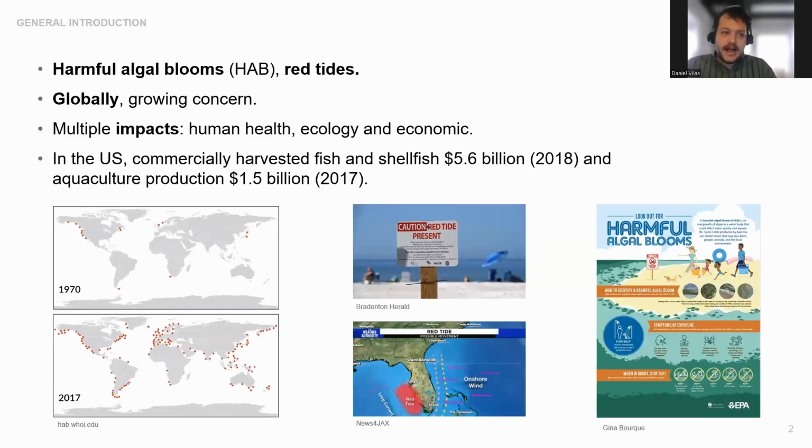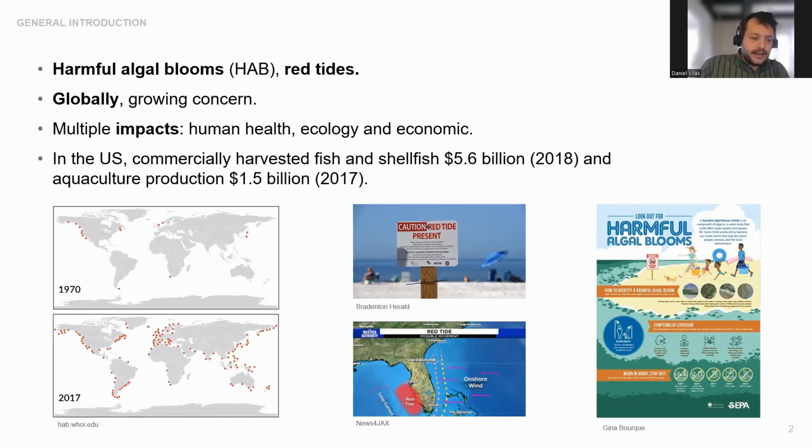Harmful algal blooms, also known as red tide, consist of the massive proliferation of micro and macro algae species, and those proliferations cause toxicity in the waters. So this is leading to a growing concern in terms of the impacts that they cause in the system.